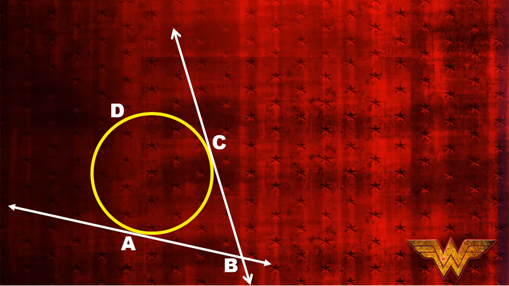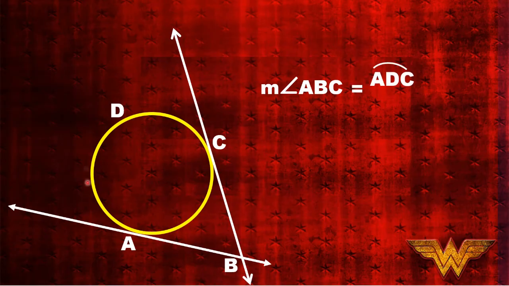Sabi rito, the measure of the angle formed by the two tangents intersecting outside the circle is equal to positive difference pa rin. Ibig sabihin, yung mas malaking intercepted arc or yung major arc natin, which is arc ADC, minus the smaller intercepted arc, AC, divided by 2 pa rin siya.